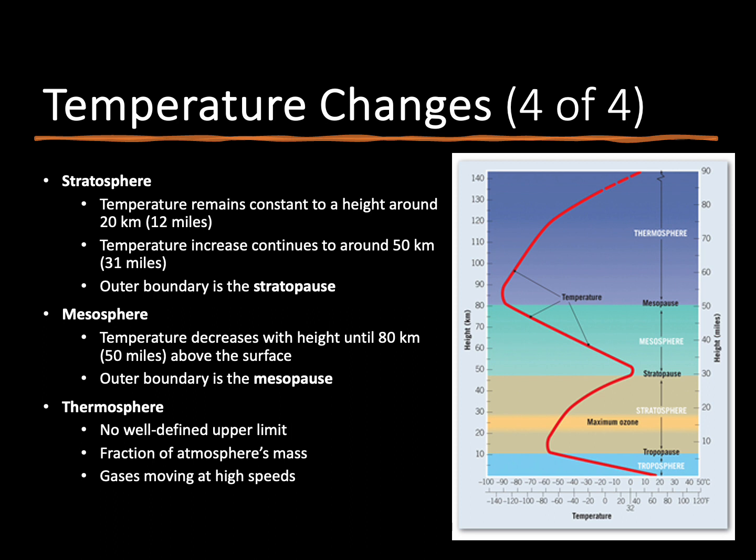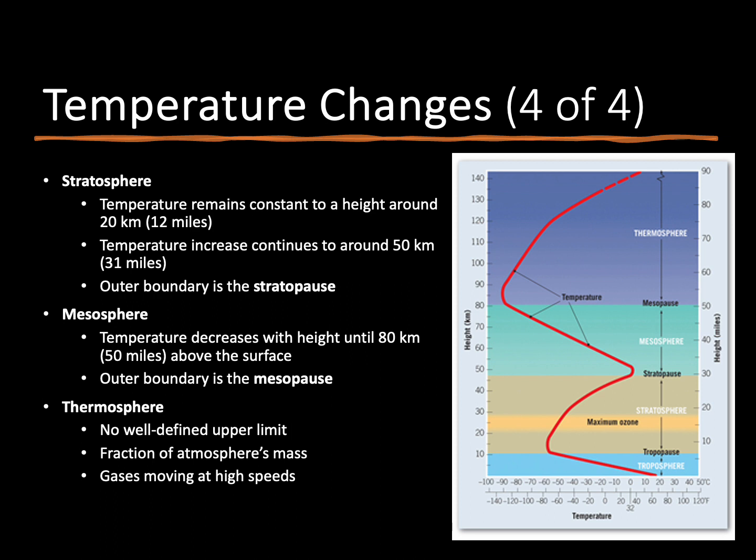In the troposphere, where it's getting farther from our warm surface, and in the mesosphere, where it's not special or really doing anything. At the very top of our mesosphere, we have another pause or boundary, which is called our mesopause. And then above our mesosphere, we have our last layer, our thermosphere.